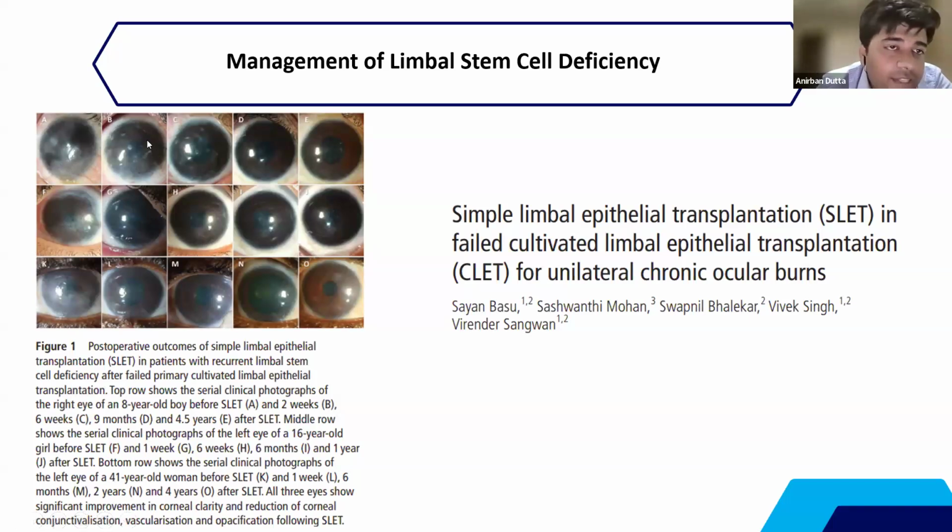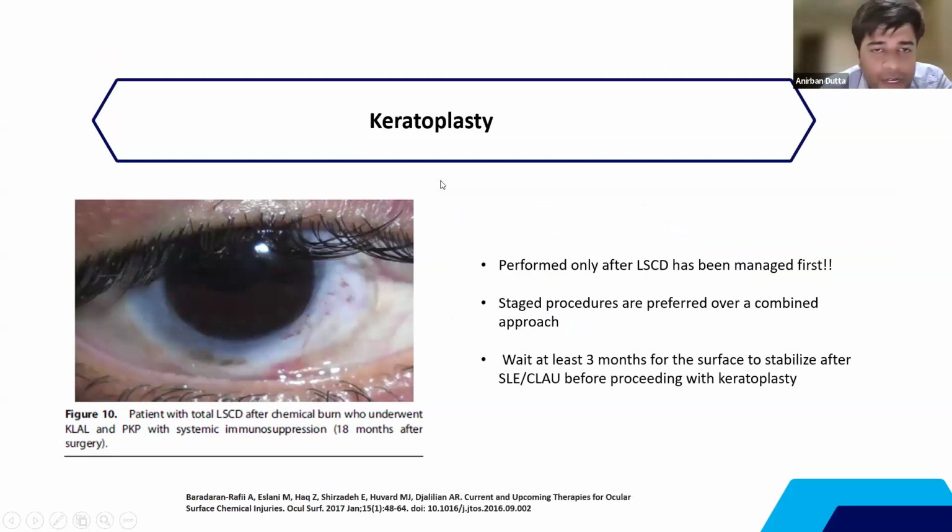They have placed it over the eye with the chemical injury and started the patient on topical steroids and antibiotics. As time has passed, you can see that the limbal epithelial cells have been taken up by the cornea and the scarring has disappeared. So the result is almost magical if you choose the patient correctly and the procedure is carried out properly.